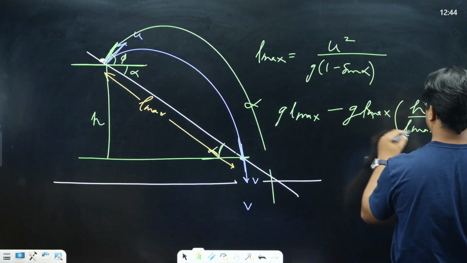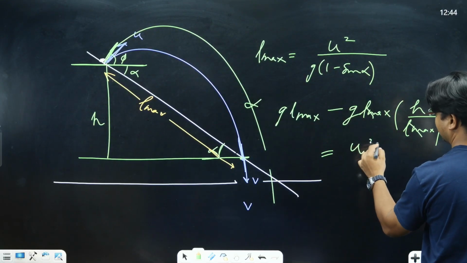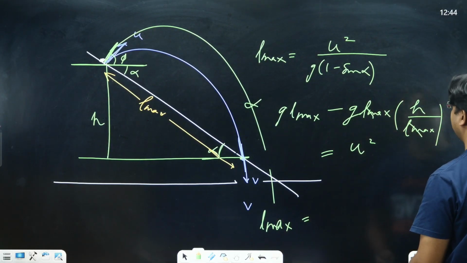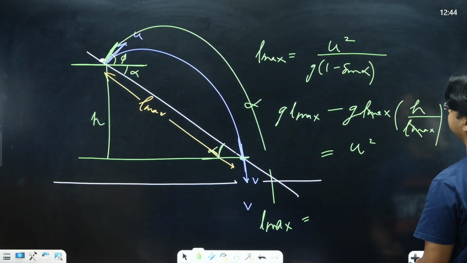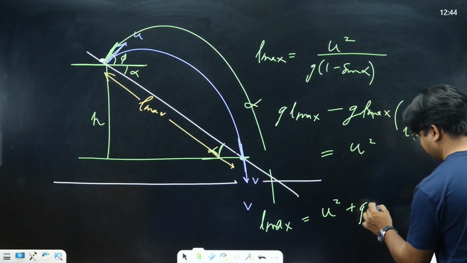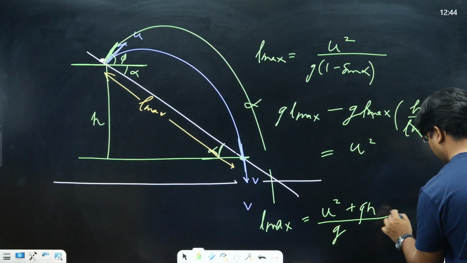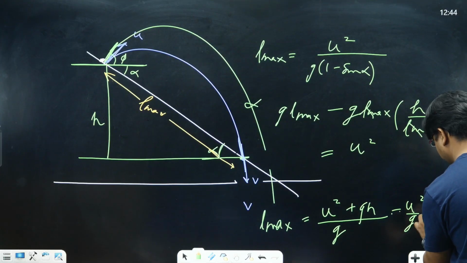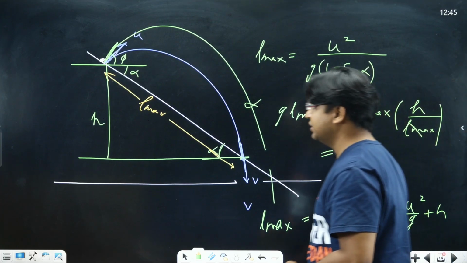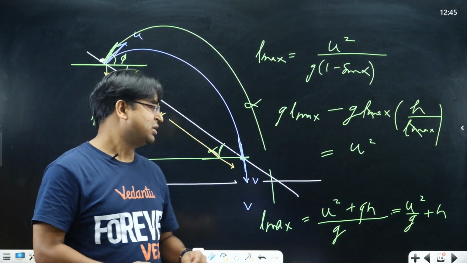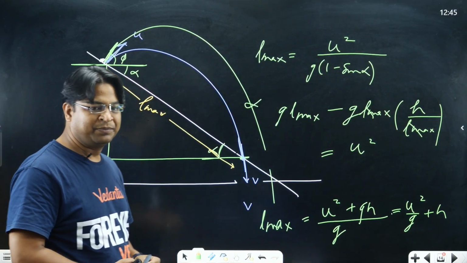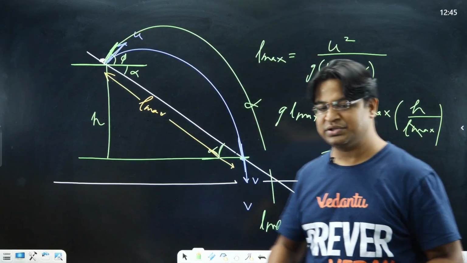So this is equal to u square, and from here you get the value of L max as u square plus gh by g, or in other words, u square by g plus h. This is a very simple result I told you: this maximum range is the same as the maximum range on horizontal ground plus the vertical height h. We were able to prove this.